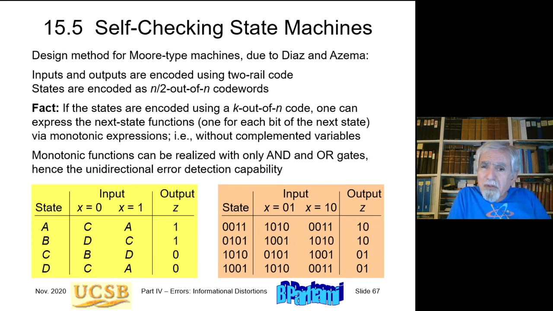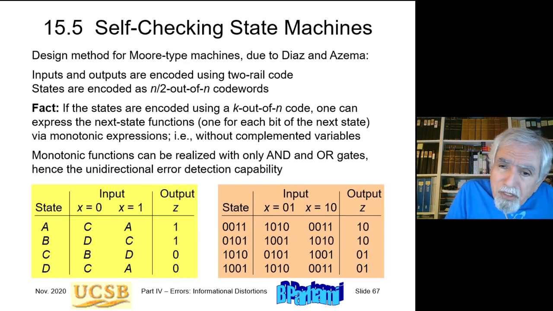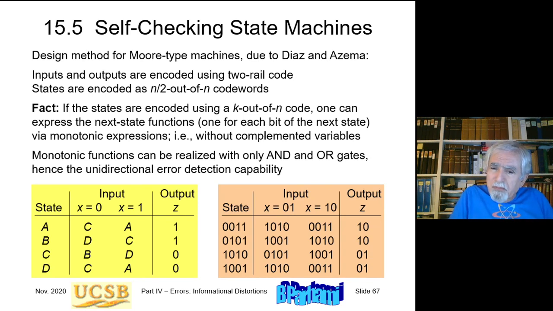And because we use only AND and OR gates, any unidirectional error will be detectable. Because in an AND gate, if an input changes from 0 to 1, the output can only change from 0 to 1. And if an input changes from 1 to 0, the output can only change from 1 to 0.